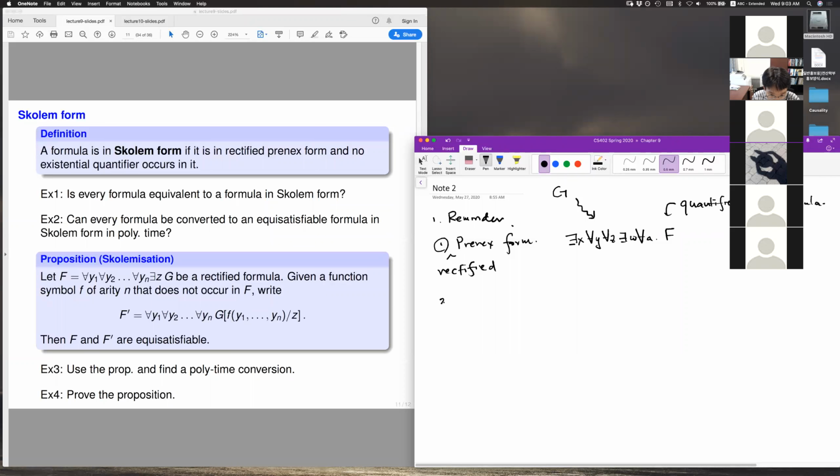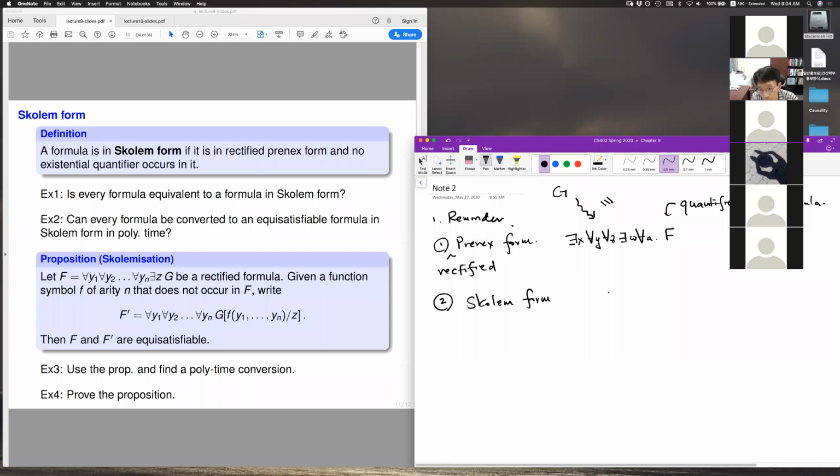But now the more interesting bit is that once we have this rectified Prenex form, and by the way, these two formulas are equivalent, so they mean the same thing, we can convert it to Skolem form. This is a much more dramatic transformation.